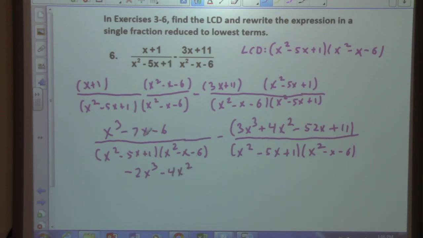And then we have negative 7x, minus negative 52x, which is plus 45x. And then we have minus 6, minus 11, which is negative 17. This minus distributes to everything here, right?